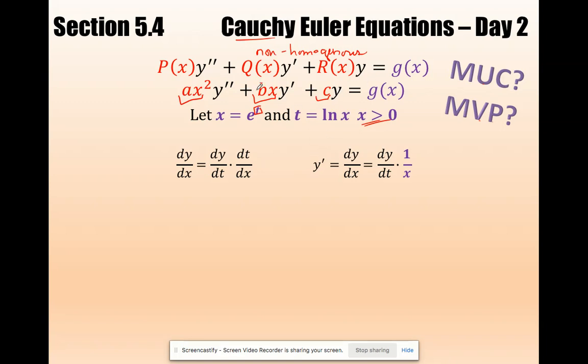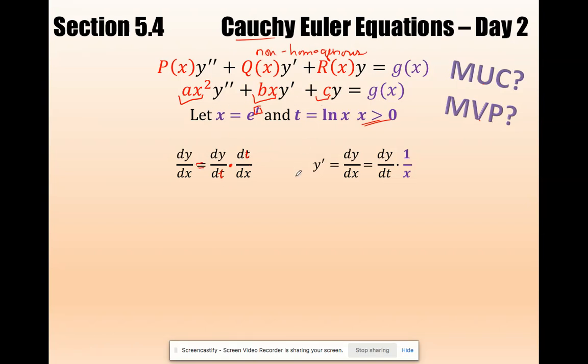So all these derivatives are in terms of x. The derivative of y with respect to x. But remember from BC Calc that the chain rule says the derivative of y with respect to t times the derivative of t with respect to x is the same thing as dy dx. Do you see that?